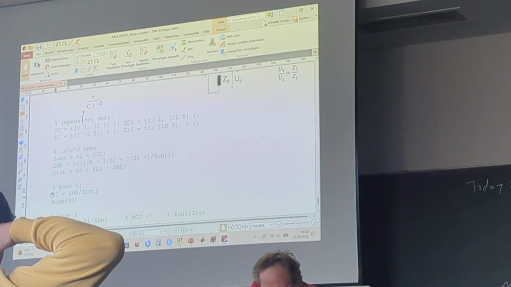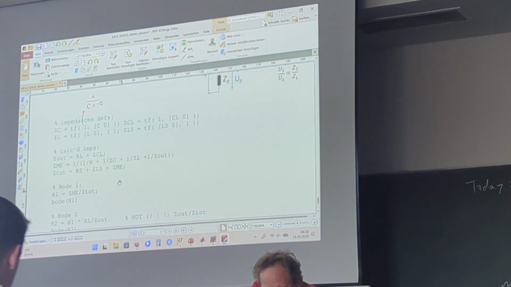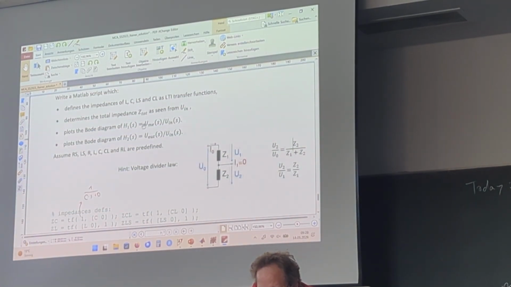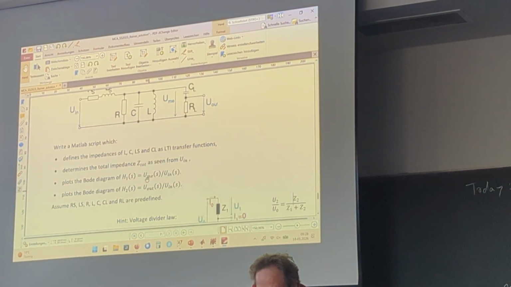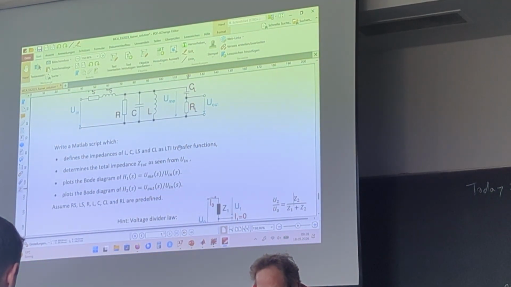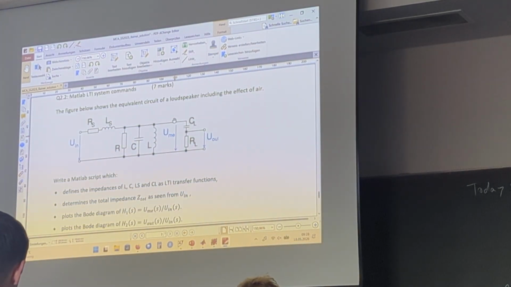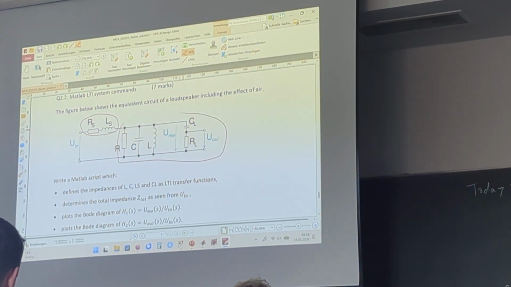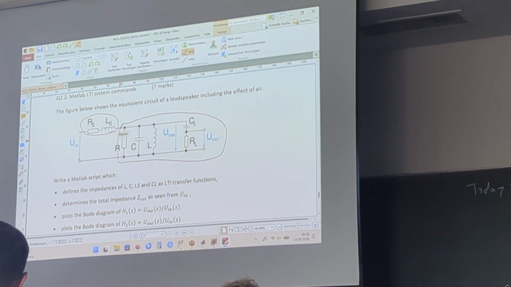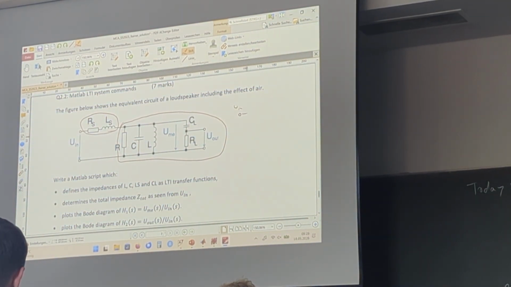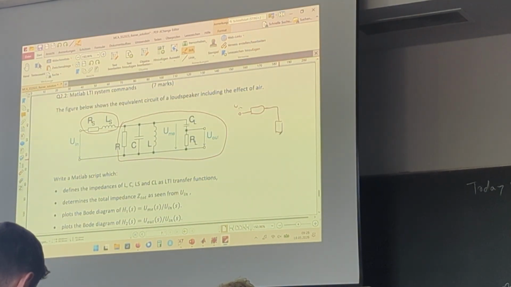And then for the transfer function, which takes the ratio of, where is what? H1 is UME, so that's here, divided by U in. So we say this is 1 larger impedance. Everything else is the second impedance, and you have this in divided then first by the first bubble, and then we have this second bubble.